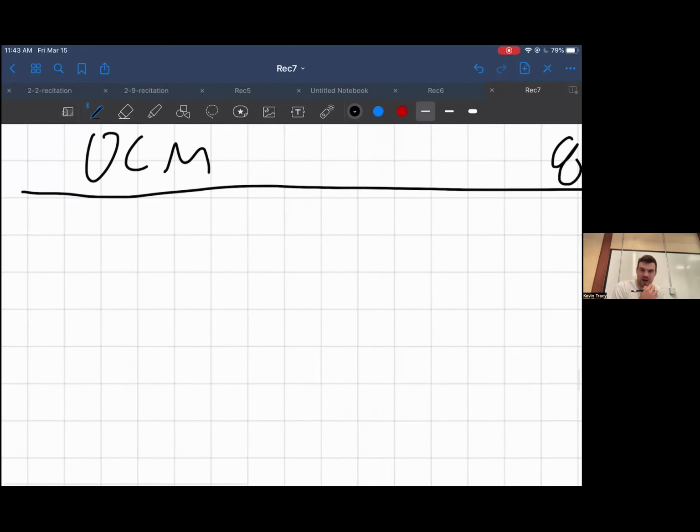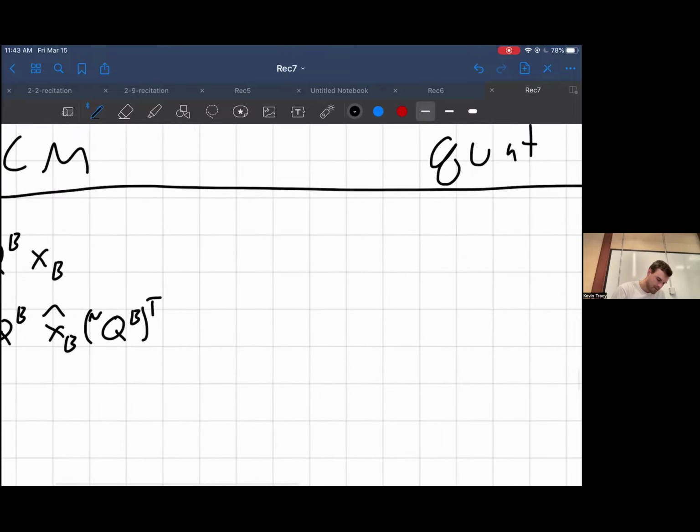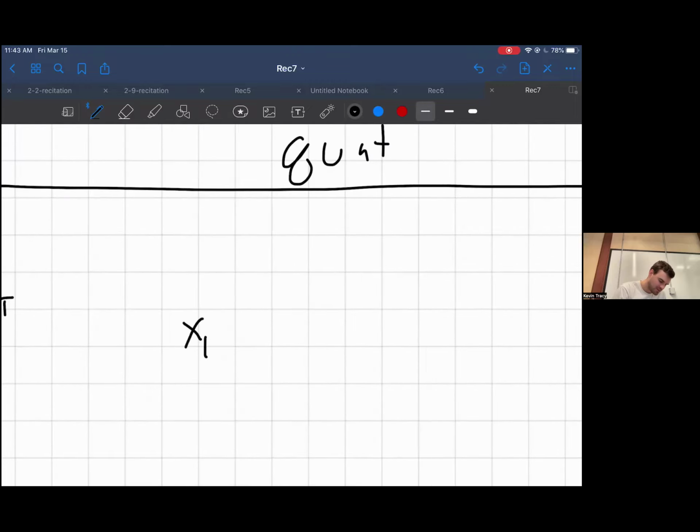So the first thing is, how do we rotate a vector? xn, which again is equivalent to doing this, which I said was dumb, but there's a similarity, so I won't omit it. The quaternion version is xn.